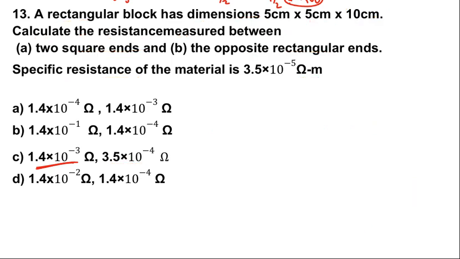And for the second one also, the same model, that is R equals rho L by A formula, we have to use. And for this, R equals the resistivity of the material, that is rho, into... so, the rectangular block I have shown here.